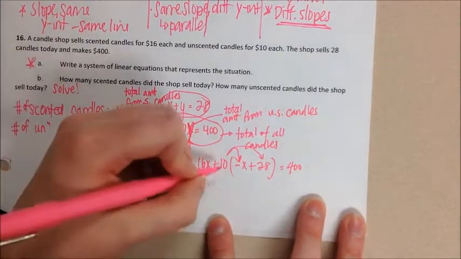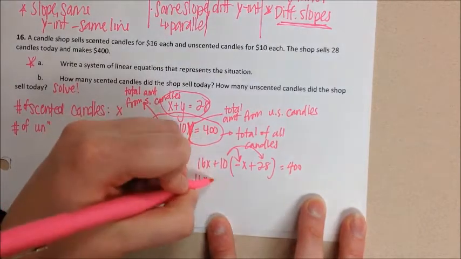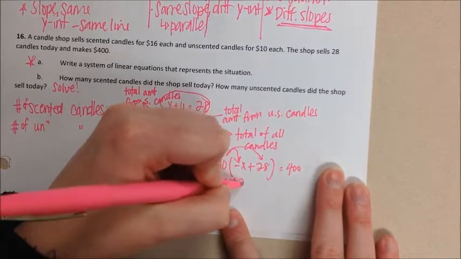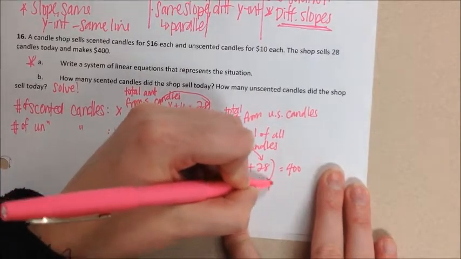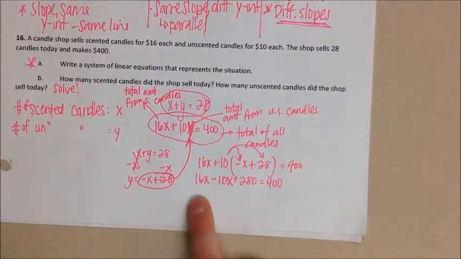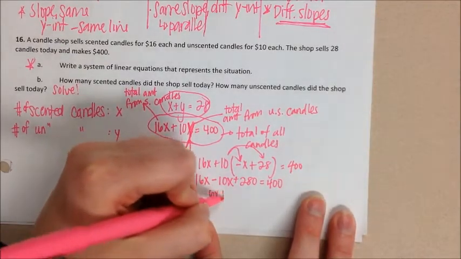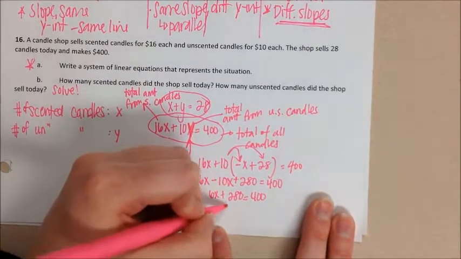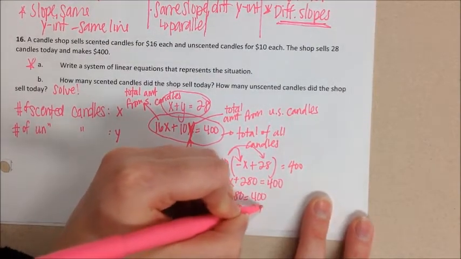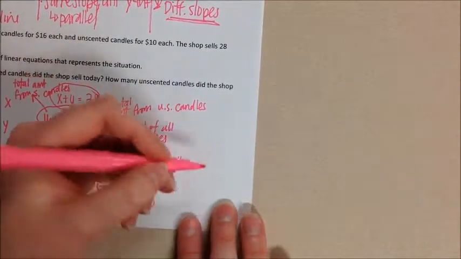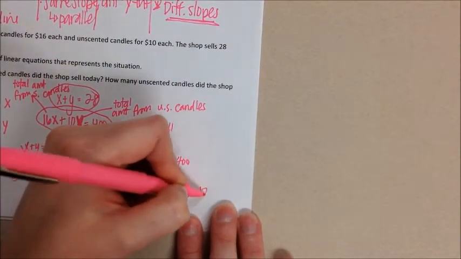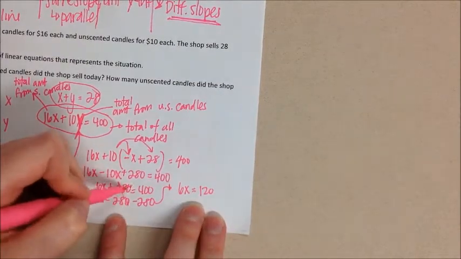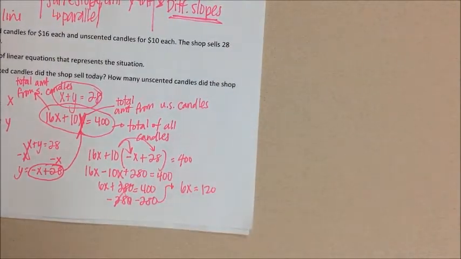So I have 16X, 10 times negative X is negative 10X, 10 times 28 is 280. 16X minus 10X is 6X. And then if I subtract 280 from both sides, I get 6X equals 120. So this went away. 400 minus 280 is 120.